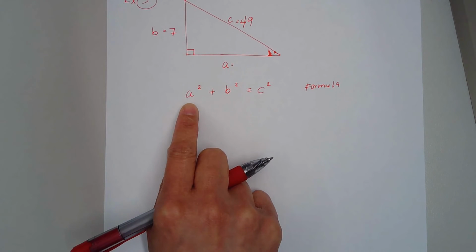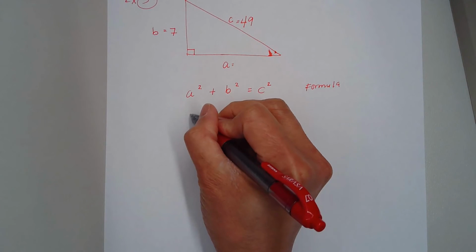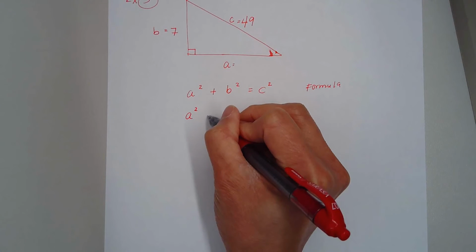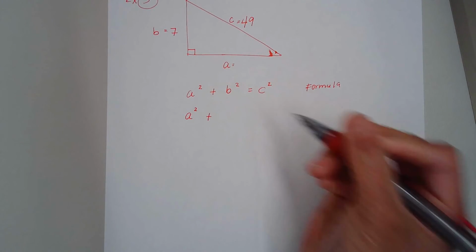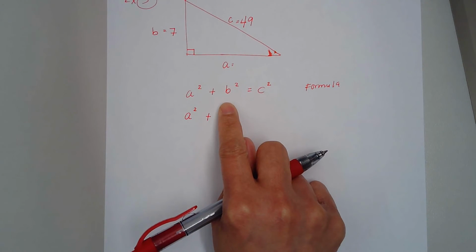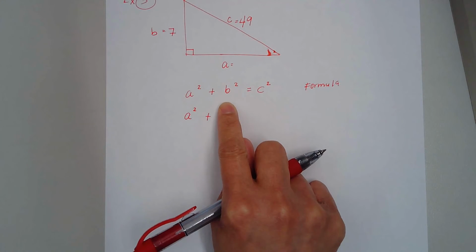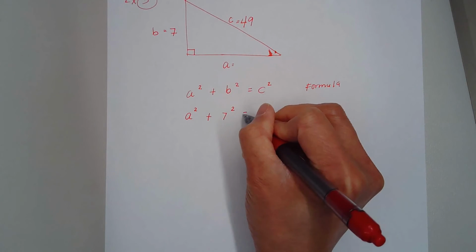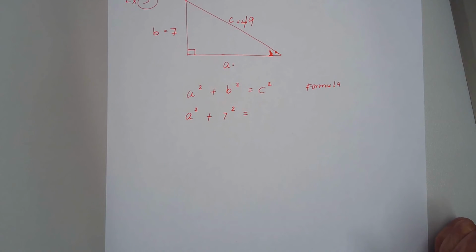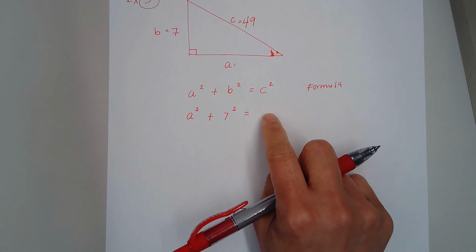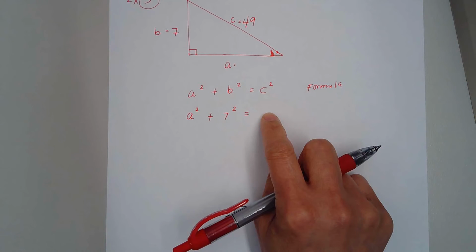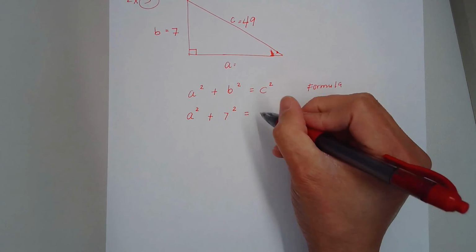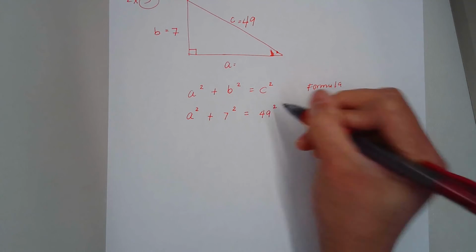That's a trick question, right? Nothing. It's just A squared because we don't know what that is. What number do we replace the B by? 7. So 7 squared equals. What do we replace the C by? 49. So 49 squared. Very good.